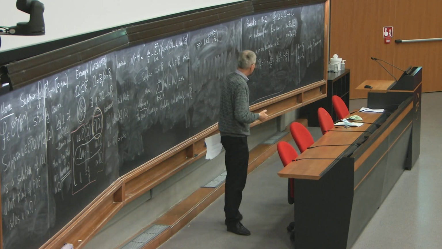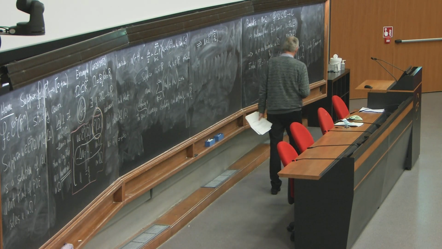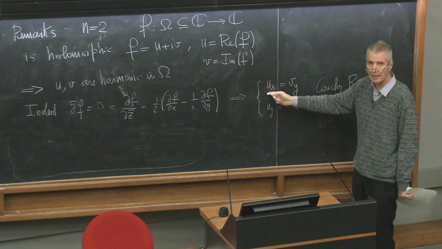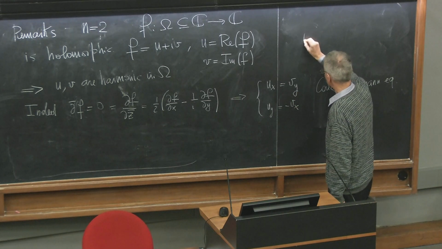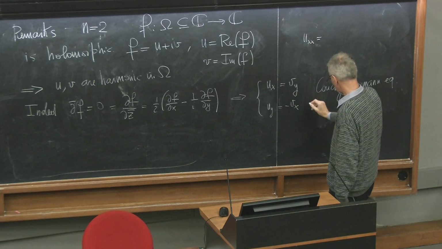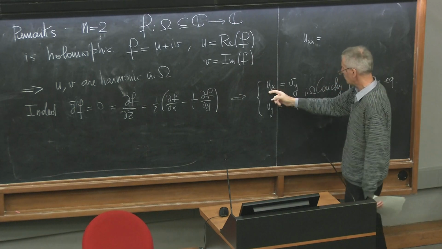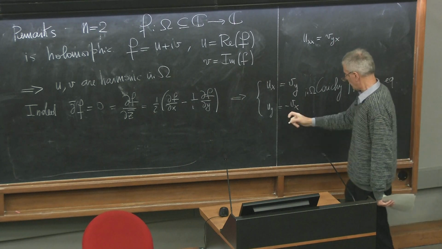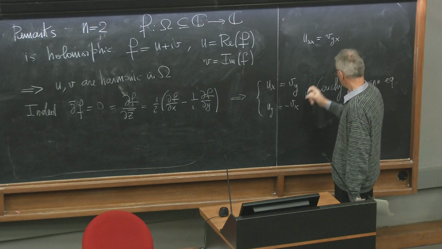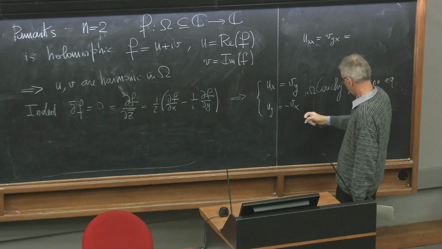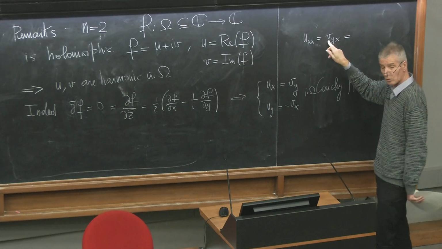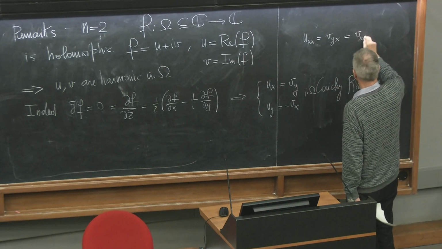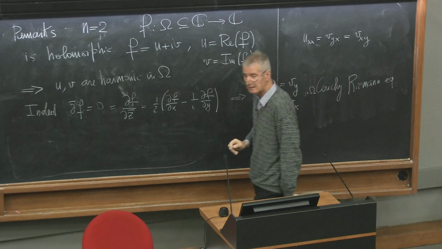Infinity is smooth. So by smoothness, we know that u and v in particular are C2. So we can differentiate this with respect to x. This is true in omega. So uxx must be equal to vyx. Now v is C2, so we can interchange derivatives by the Schwarz lemma.